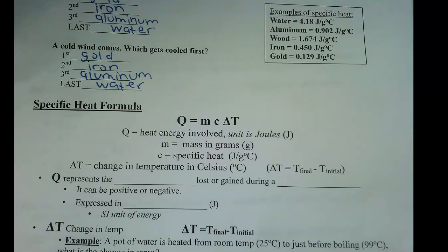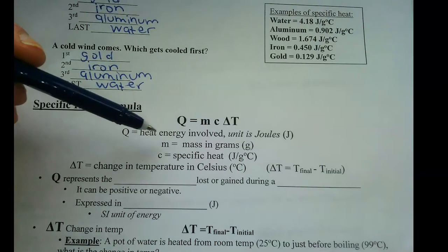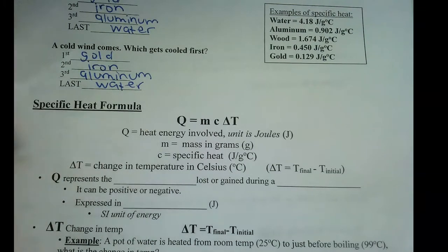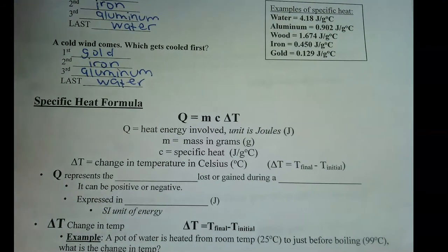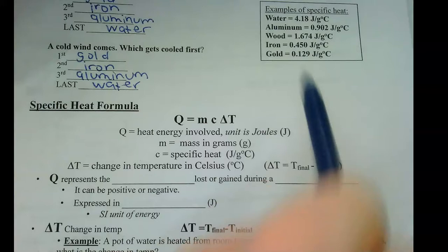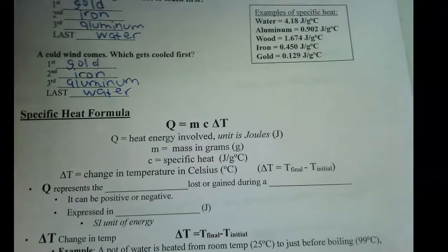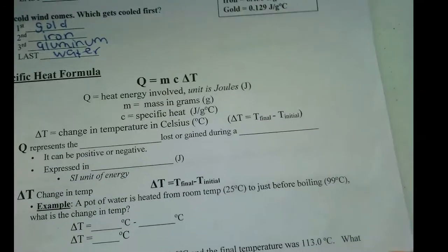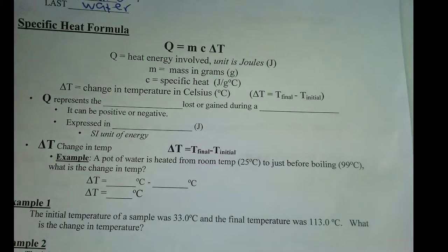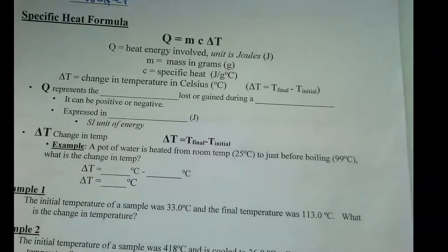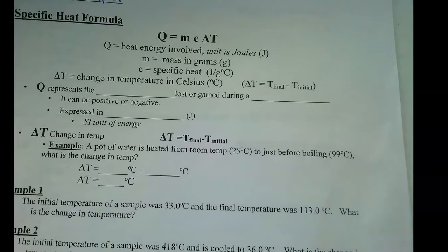Q is equal to heat energy involved, and the unit is joules. M is equal to mass in grams. C is equal to the specific heat, what we just talked about. And delta T is the change in temperature in Celsius. So not Fahrenheit, we don't use that in science.